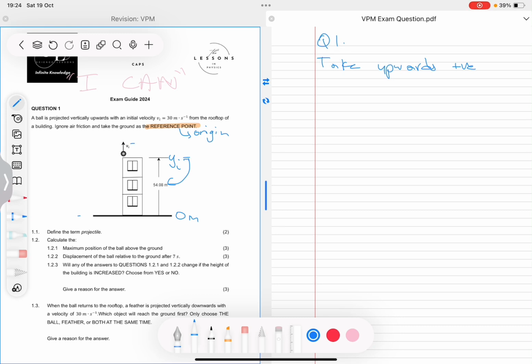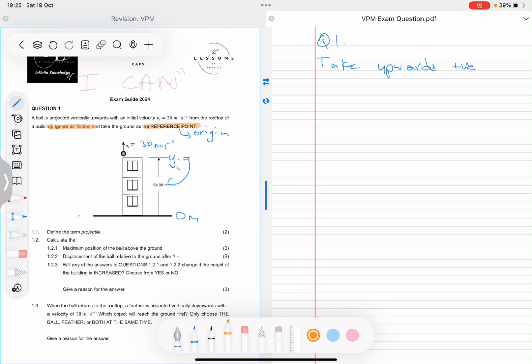And this ball has an initial velocity, they've told us here, of 30 meters per second. Now, both this position of 54.08 meters and the initial velocity of 30 meters per second are positive because they are the vectors that are going upwards, right? Then they say to us that ignore the effect of air friction.